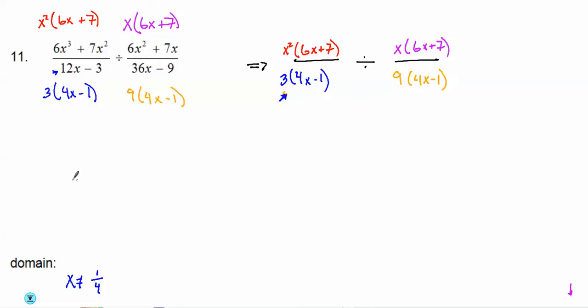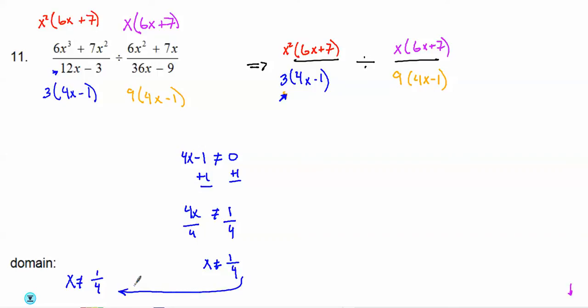What I've done is I took the 4x minus 1 and said it may not be equal to 0. Then you add the 1, leaving 4x that may not equal 1. Then if you divide by 4, you find that x may not equal a positive 1/4. That's how I got this.